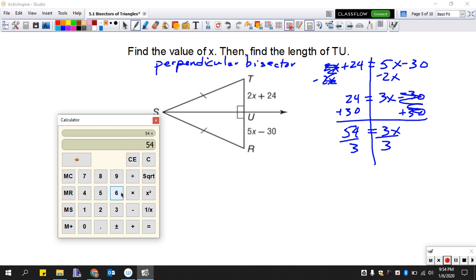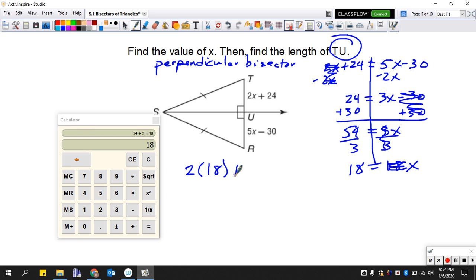54 divided by 3 is 18. So 18 is equal to x. We want to find TU. That's this one up here. So that's 2 times 18 plus 24.